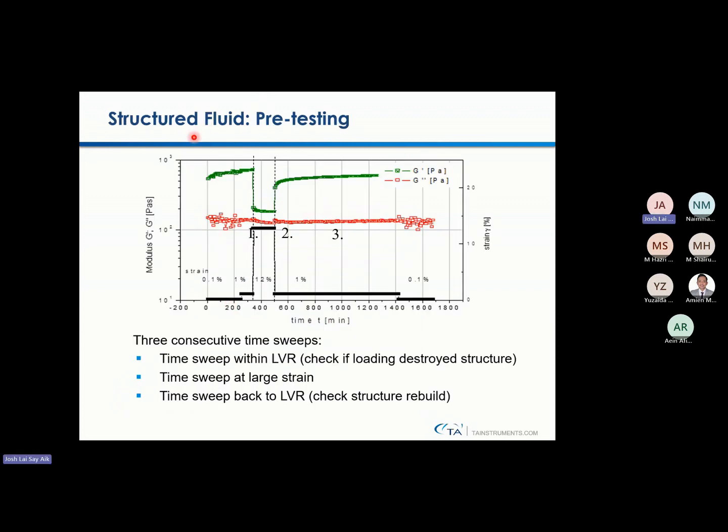For structured fluids there are 3 ITT tests. You can have a time sweep oscillation test to check if loading destroyed the structures. If you go up like this, it means destroyed already, but slowly recovering. And you can use a large strain time sweep to actually destroy the structures on purpose and go back to the LVR strain, so as to check the structural rebuilding properties.